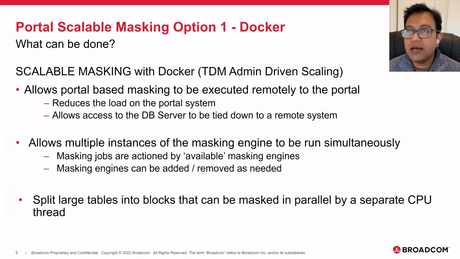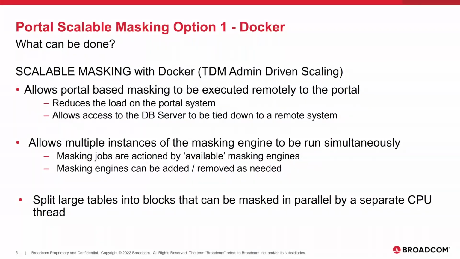This will release a lot of memory, space, and computing power to your TDM engine running your synthetic data generation, or your data subsetting, or your find and reserve, or your self-service. So you can still do all of that on your central portal server, but a distributed implementation of your actual masking or FTM engine will relieve some of that pressure on your main TDM server.